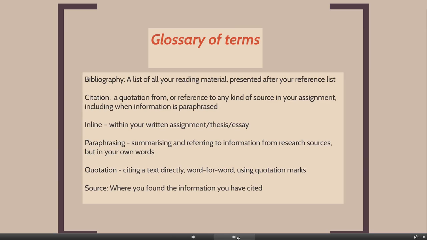In line, I just mean within your written assignment, your thesis, your essay, or your project, whatever you're doing with written work. When I talk about paraphrasing, I will be talking about how you summarise and refer to information from research sources, but you put those sources in your own words. When I talk about a quotation, this is citing a text directly, word for word, and placing it within quotation marks. And when I talk about sources, I'm talking about your research source, where you found the information you cited.